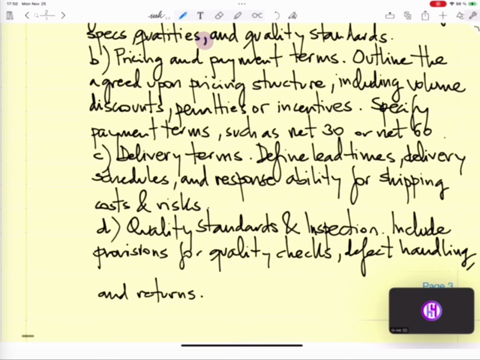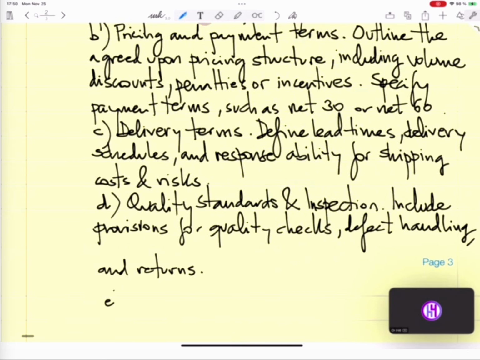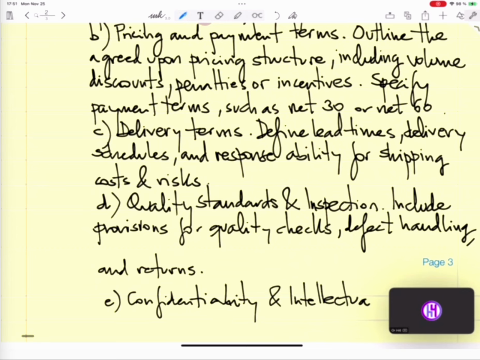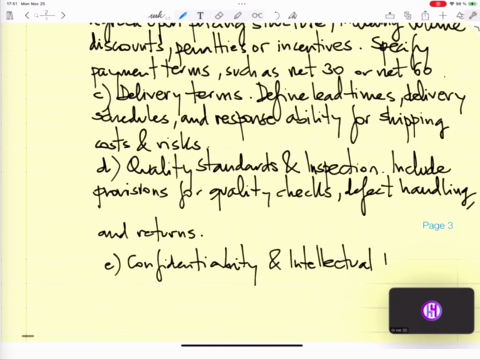E, confidentiality and intellectual property, or IP.